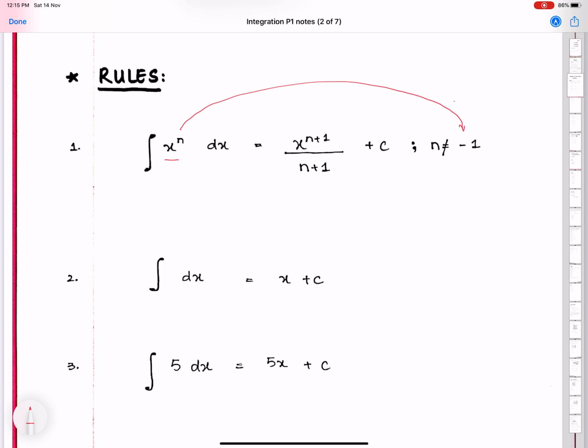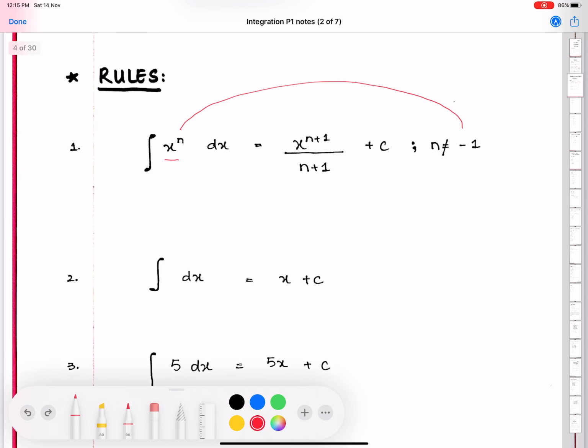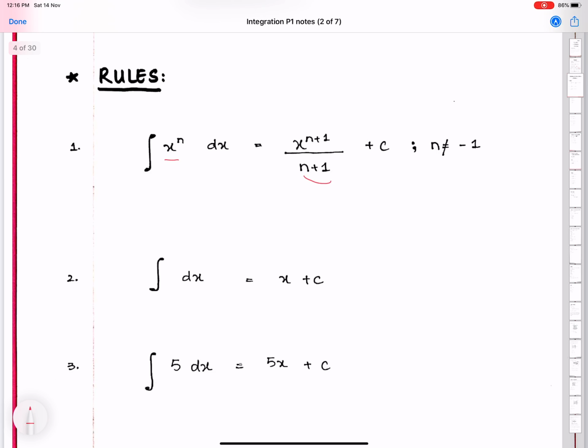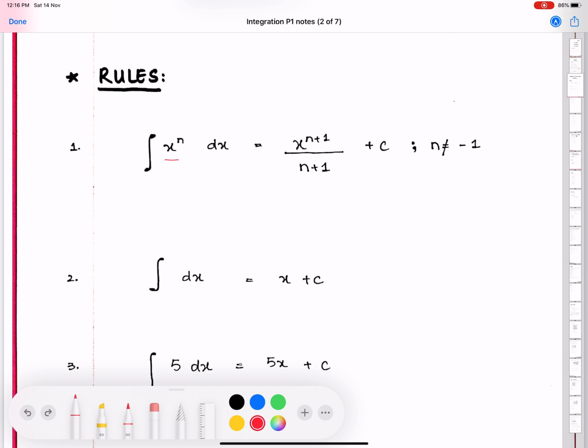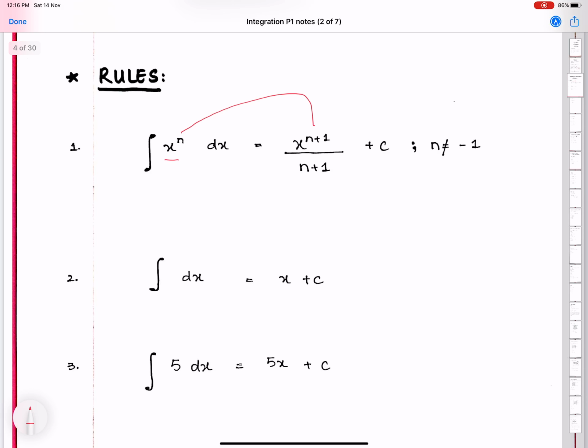N can take any value except minus 1, because for minus 1 there is a different formula, and we cannot use this formula for minus 1, because we will get infinite, as the denominator will become 0, and that will make the function infinite.